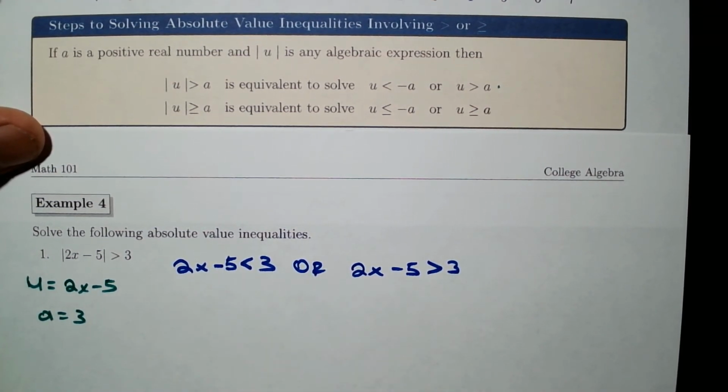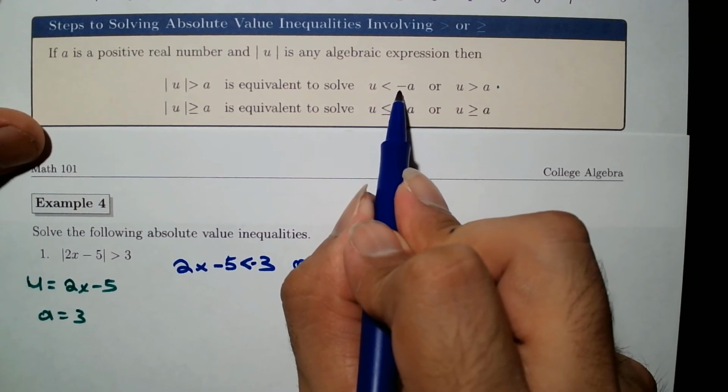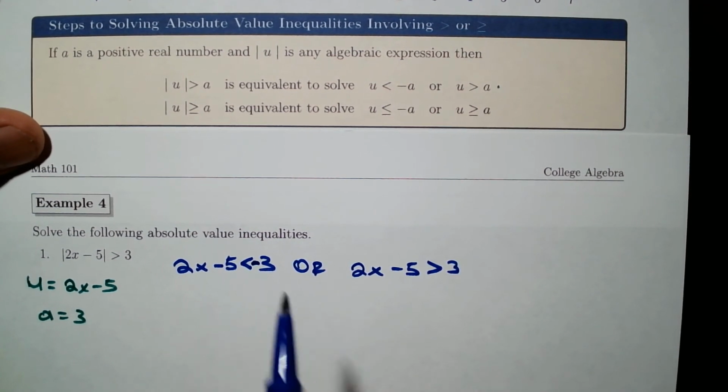So add 5 to both sides. Oh, I forgot the negative sign here. This negative sign that is right here should be right there as well.